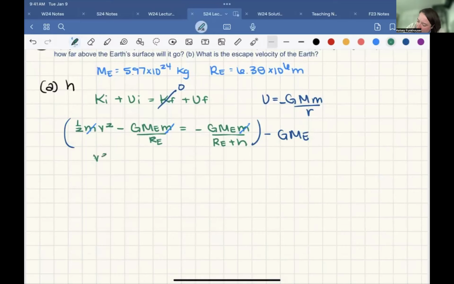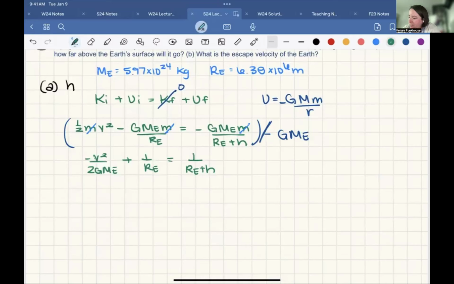So we have v squared over negative 2GME, plus 1 over RE, because we divided by negative GME. And I guess I didn't indicate that was division, not minus. There we go. Equals 1 over the radius of the Earth plus H, our H.